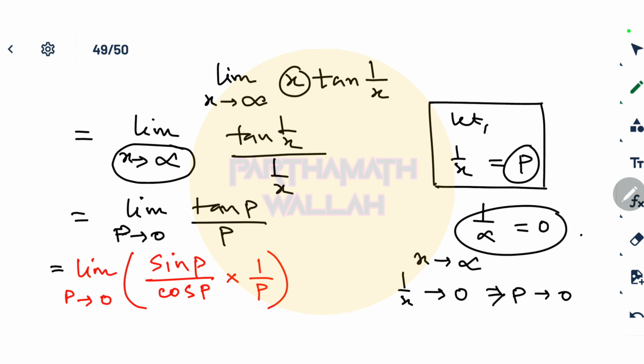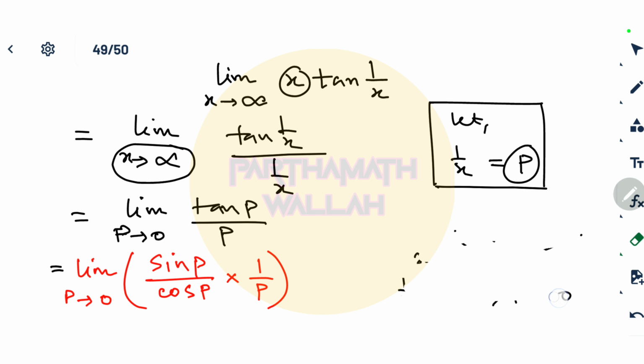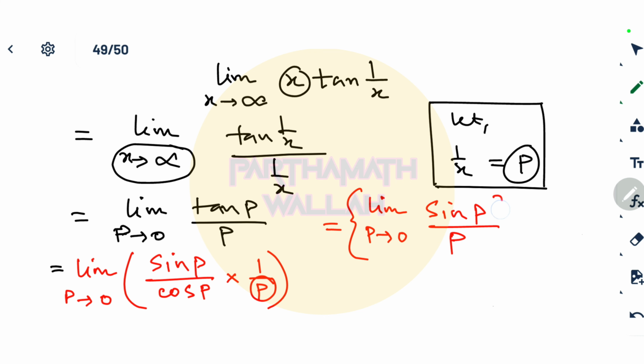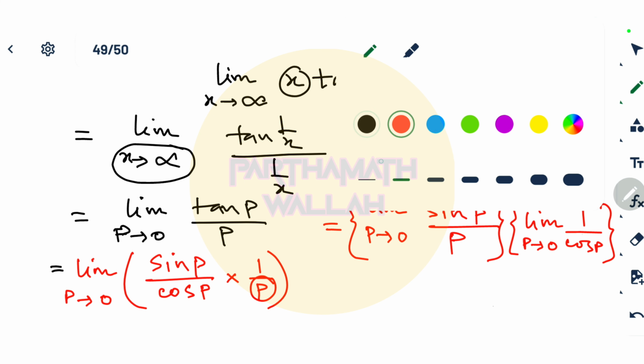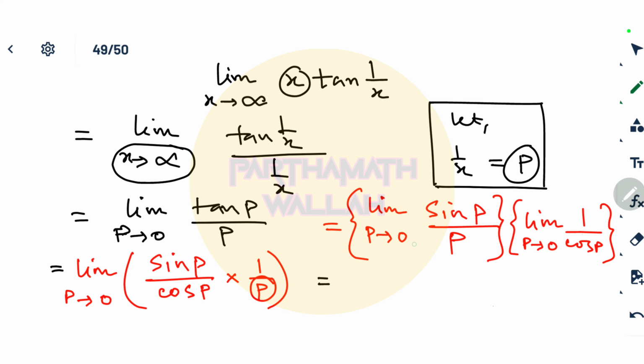Now we will apply the sine rule of limit, that is we first manage sin p by p, this p will be consumed there, make it a group, and then limit p tends to 0, 1 by cos p. Then sin p by p, limit p tends to 0, gives 1, into put the value of p as 0, that is 1 by cos 0. Since cos 0 equals 1, the answer is 1 here.